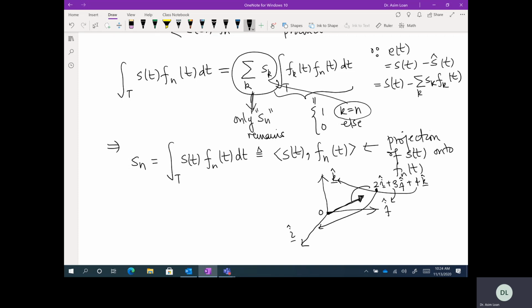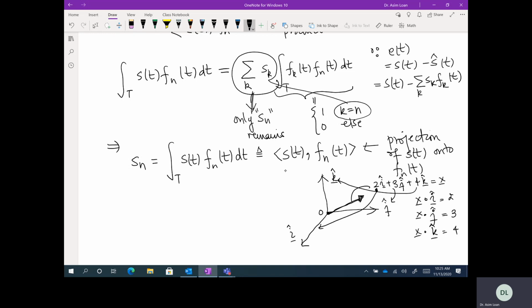How do you calculate this? You simply do x dot i, which is 2, x dot j, which is 3, and x dot k, which is 4. Because these are orthonormal axes, you can easily read off the value. So that is why you want to use orthonormal functions. With orthonormal functions, you can simply read off the value.